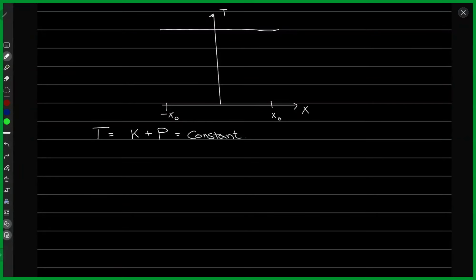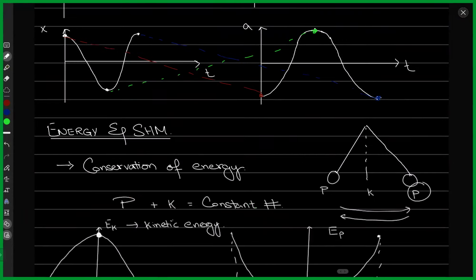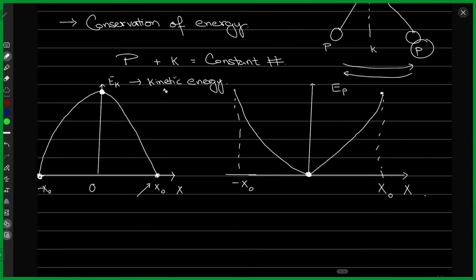So this is what it would look like if I were to plot the total energy, because the sum of potential and kinetic energies would be a constant. And this is how the kinetic energy and the potential energy looked. This is the kinetic energy and that's the potential energy.